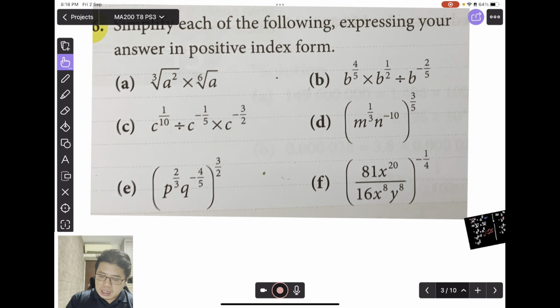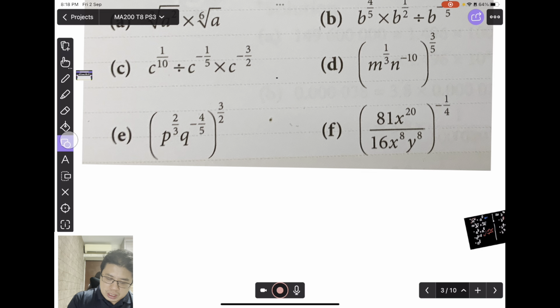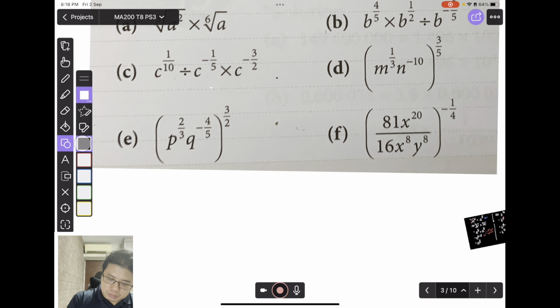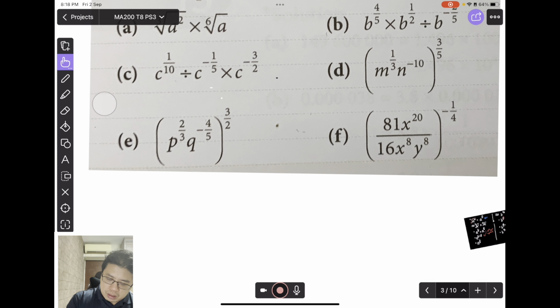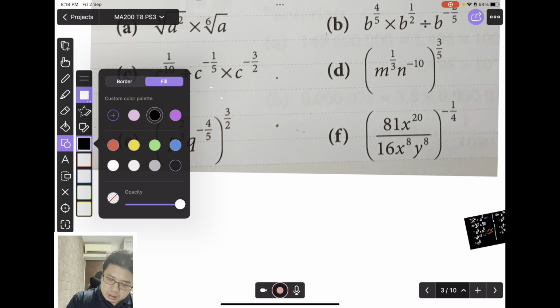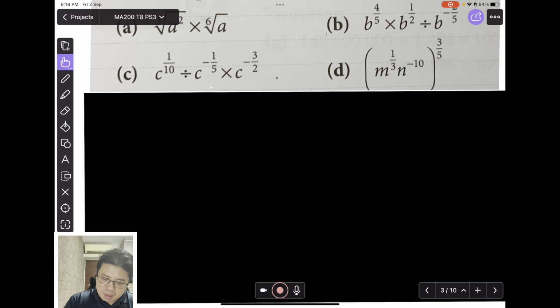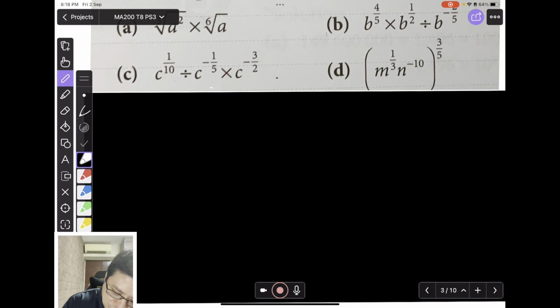All right, for c and d, as follows. So for c and d, c to the power 1 over 10 divided by c to the power negative 1 over 5 multiplied by c to the power negative 3 over 2.